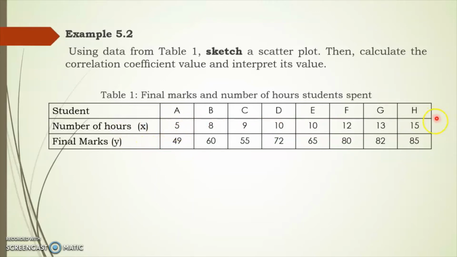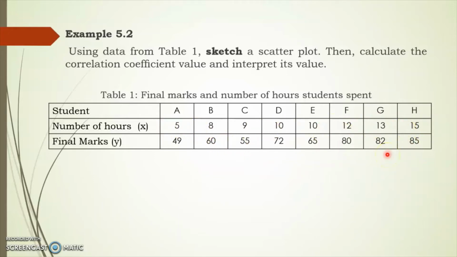If you simply look at this table, we can somehow say that as the number of hours increases, so do the final marks. But then you can't really tell how strong the relationship is. By looking at this data, we can say that yeah, there is a relationship, they are related, because you can see that as the hours increase, the mark also increases.